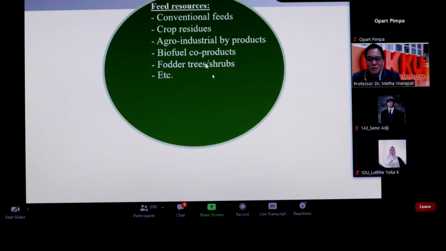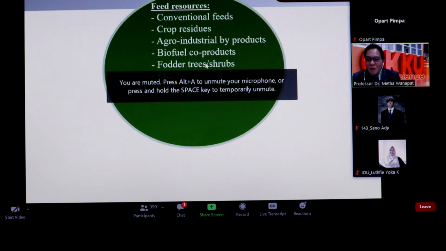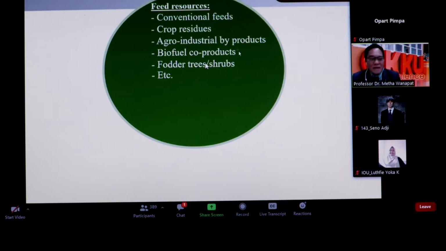Now the resources are very diversified, from the common ones and the uncommon ones, or conventional, or crop residues, industrial crop byproducts, and the co-products from the industries. All of these together are essential for the potential productivity of the animal production.